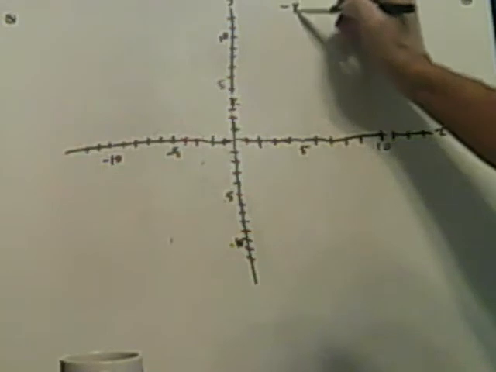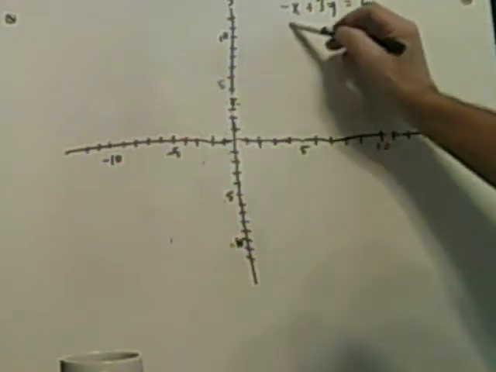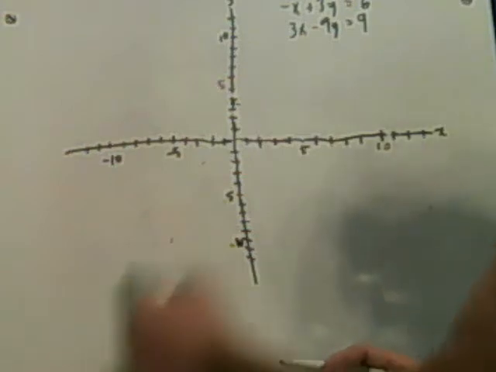That was number 12. Number 14, negative x plus 3y equals 6. 3x minus 9y equals 9. Same deal, I'm going to want to solve this a different method. Now, I happen to like the elimination method a lot.